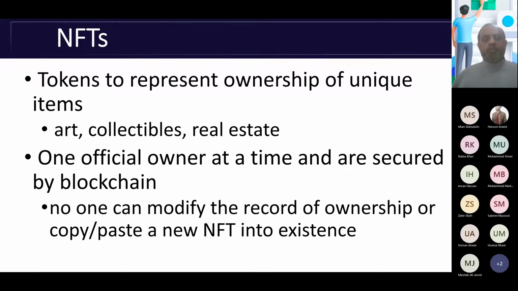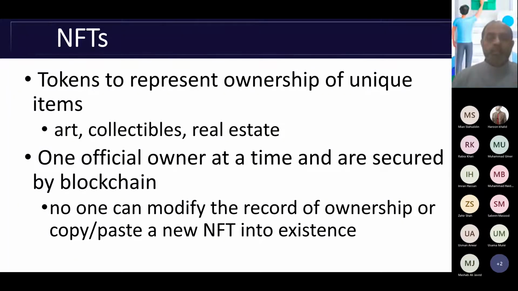People can just go to the blockchain in a public ledger and see who has the ownership. At one time, only one person can have the ownership, and nobody can actually copy paste. This is what the blockchain ensures, that if something is in a public ledger, then no one else can claim the ownership unless a transaction has happened, and only then it changes hands.